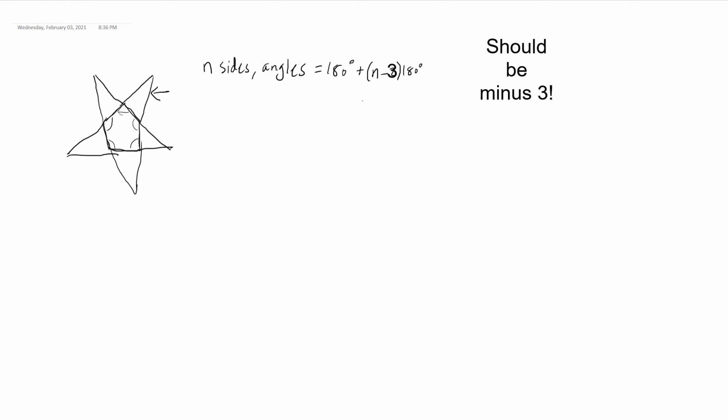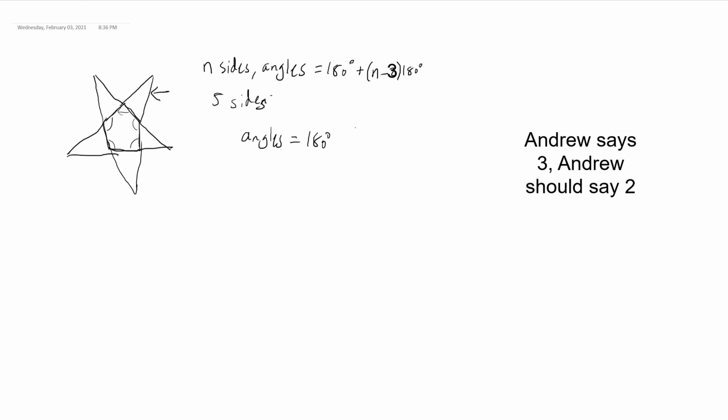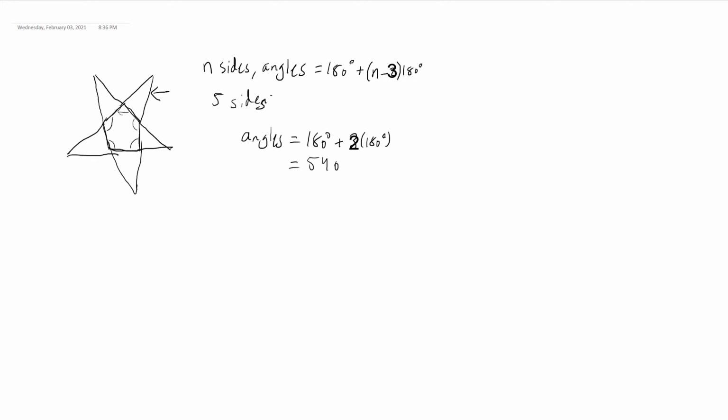So what does that mean for a pentagon? We've got 5 sides. So the sum of our interior angles is 180 degrees plus 3 times 180 degrees, and that comes out to be 540 degrees.